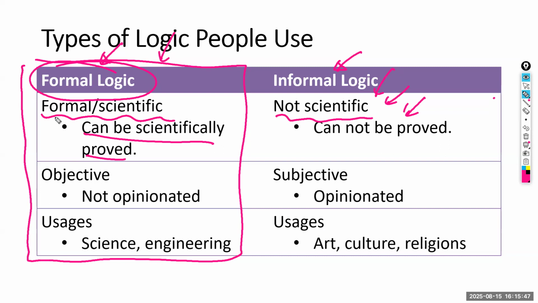Formal logic is formal and scientific, and not opinionated. We call it objective, not subjective. We use formal logic in science, engineering, business; a doctor takes decisions using formal logic. But if you are an astrologer, he or she is not going to use formal logic.